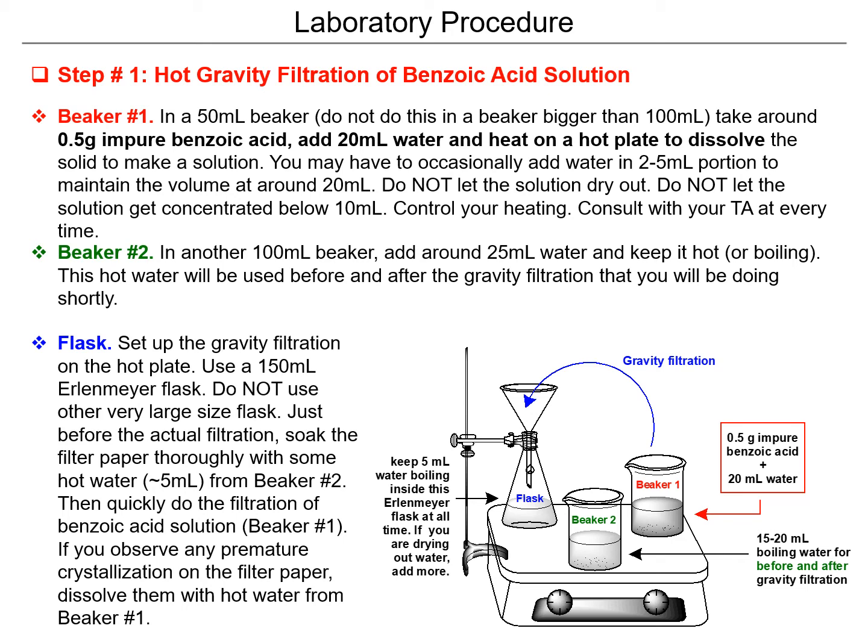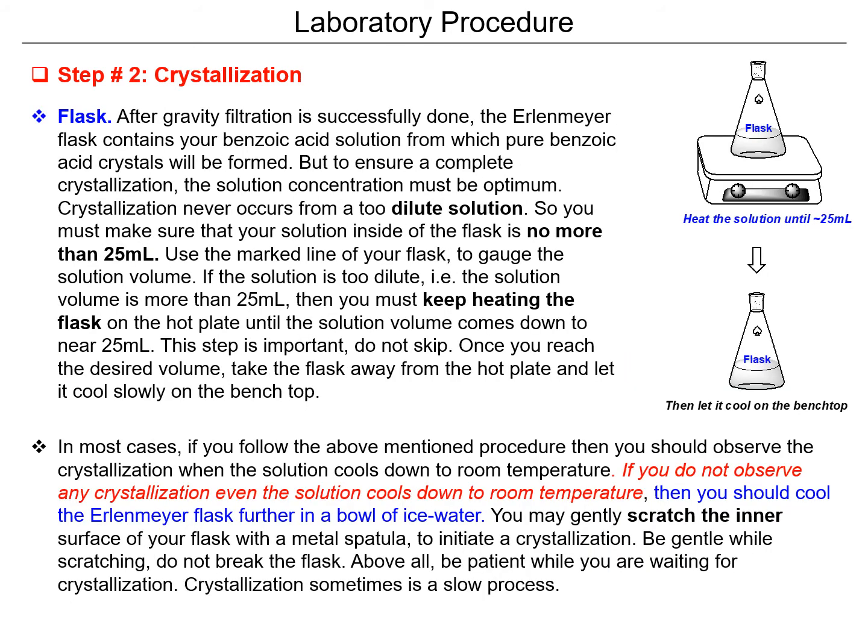So it's wise to add not all of the 20 milliliters, because later on you may add some amount of water to make sure that all the solid substance dissolves.